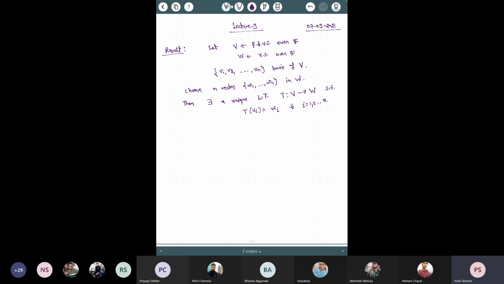Or similarly, I can ask you to define a linear transformation from V to W such that the range space is a given subspace of W, something like that. So using this result, we can actually find the linear transformation of our use.